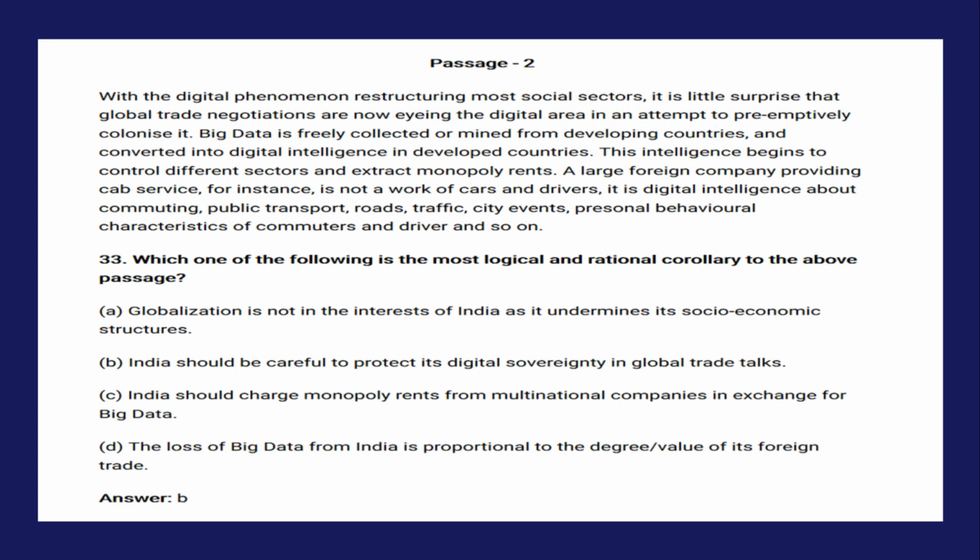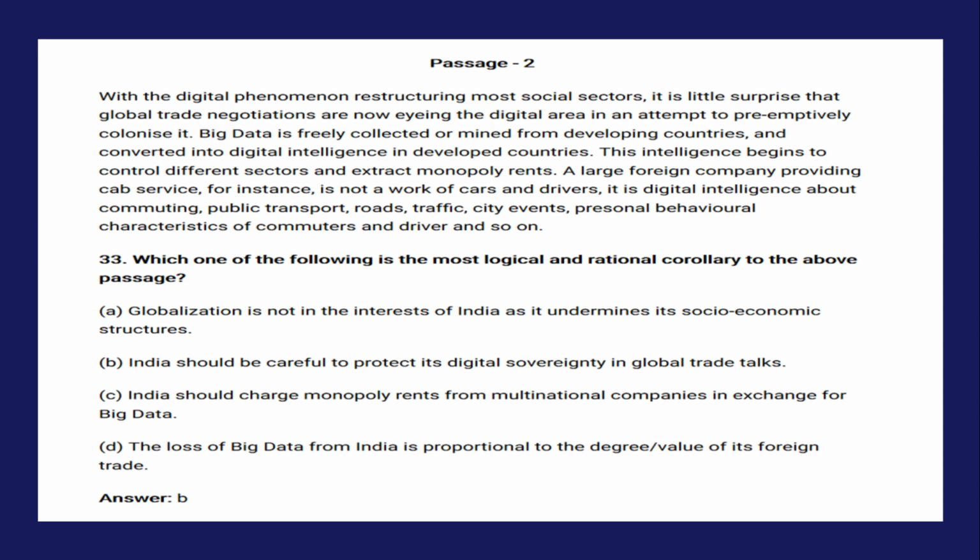Next, passage 2. With the digital phenomenon restructuring most social sectors, it is little surprise that global trade negotiations are now eyeing the digital area in an attempt to preemptively colonize it. Big data is freely collected or mined from developing countries and converted into digital intelligence in developed countries.